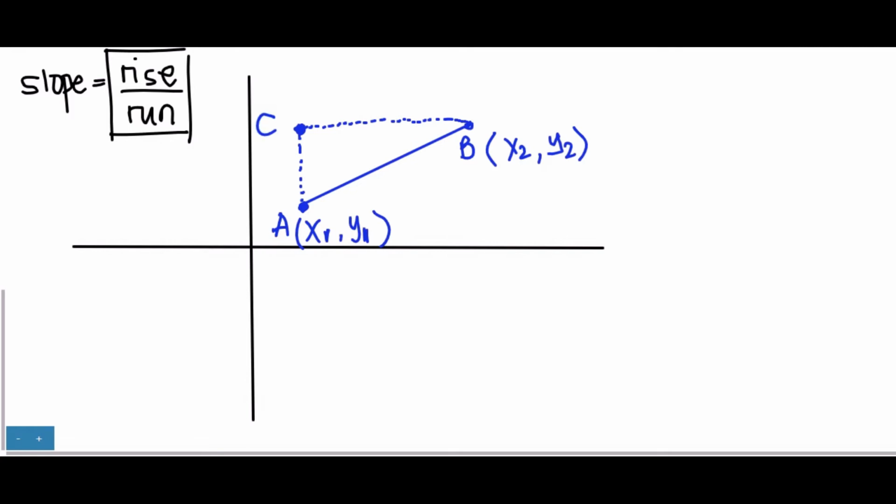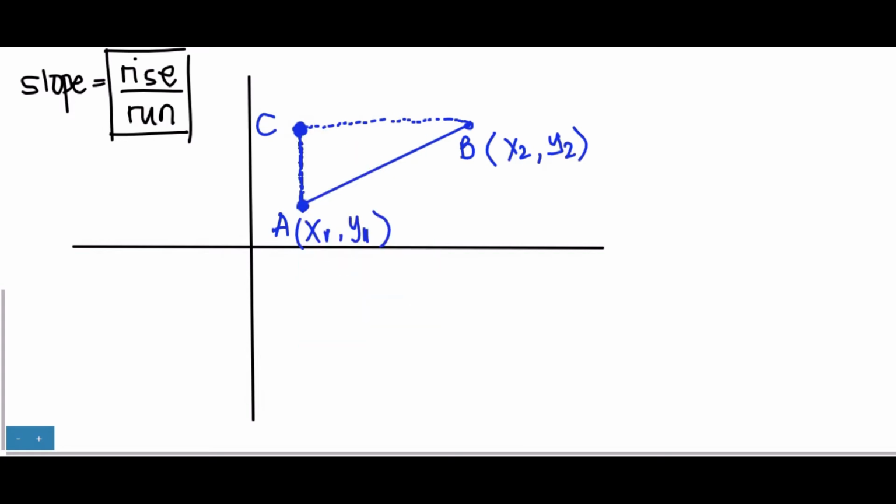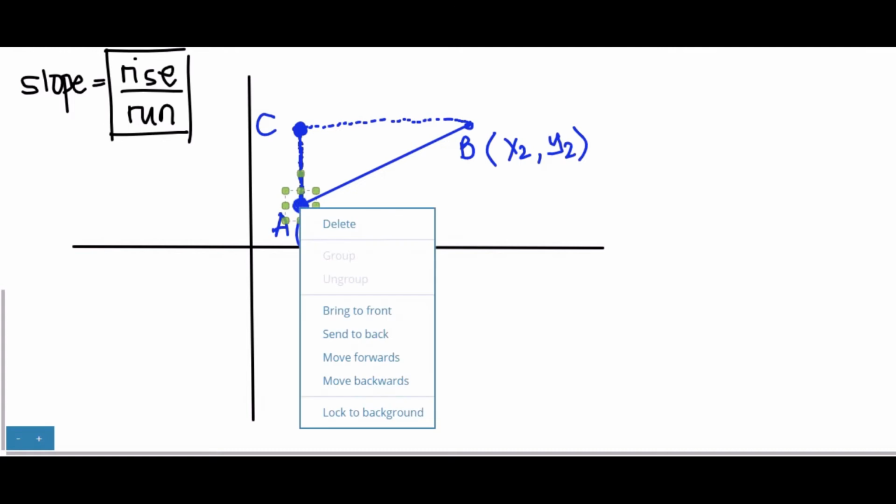And let's find out the coordinates of this point C using an observation in our illustration. Now, look at point A compared to point C. We know that this point rises a certain number of units before it moves to point C, which means these 2 points are vertically aligned.